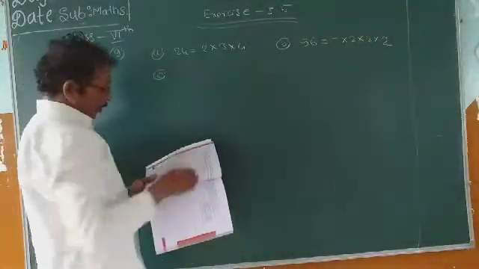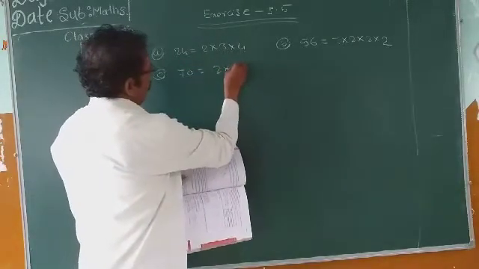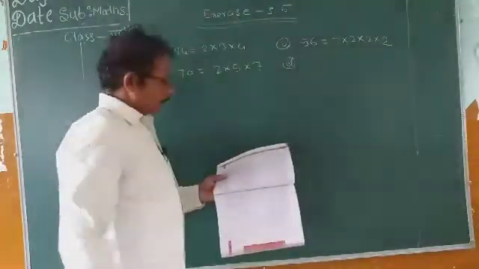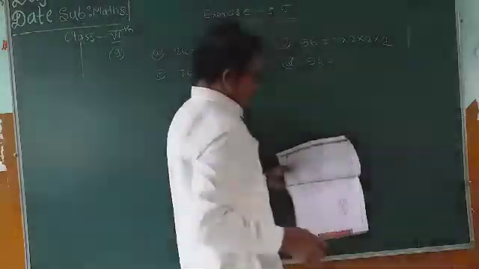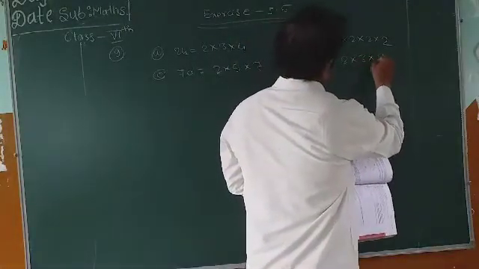Question C is 70 is equal to 2 into 5 into 7. And question D is 54 is equal to 2 into 3 into 9.